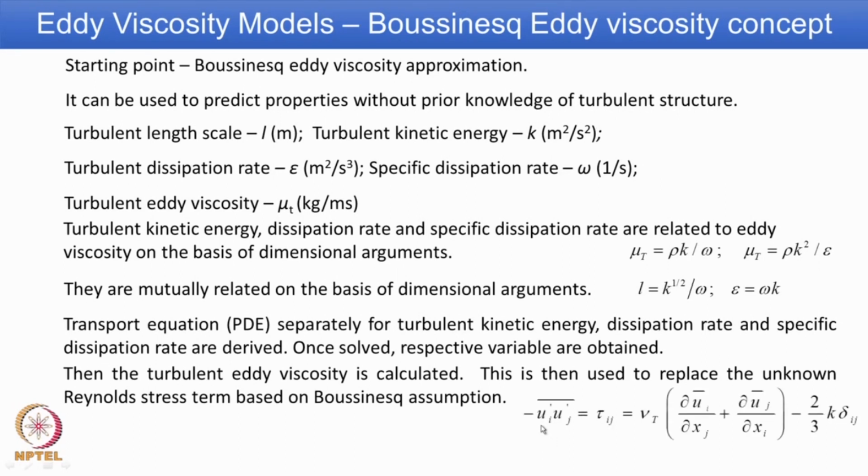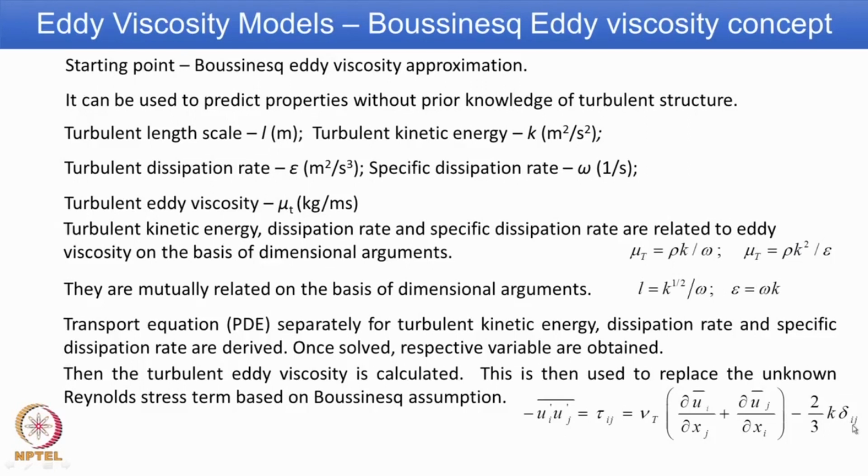So, unknown Reynolds stress term is ui prime uj prime bar, either we can use R ij or tau ij, is related to mu t if you use rho on one side, otherwise it is nu t because mu by rho is nu and t stands for turbulent flow. Then you have velocity gradient term minus 2 by 3 k delta ij.